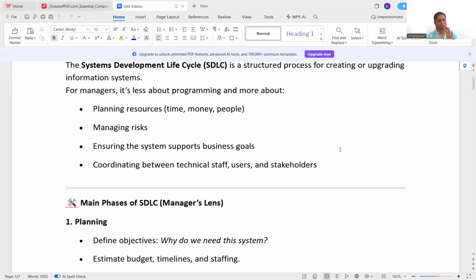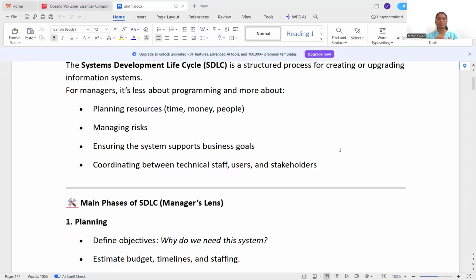It is an overview or a holistic view which gives a complete architectural view of a project. Mainly they will concentrate on planning. That planning mainly consists of time, money, and people. Budget is the main thing.